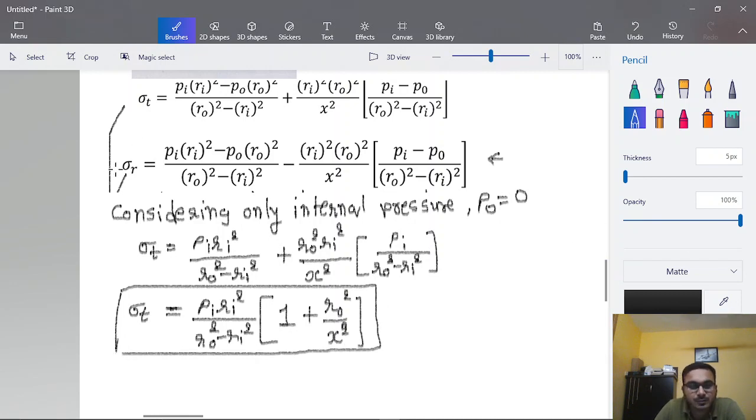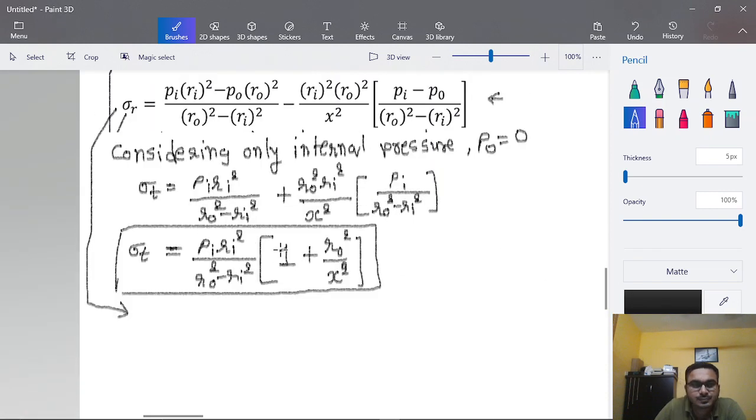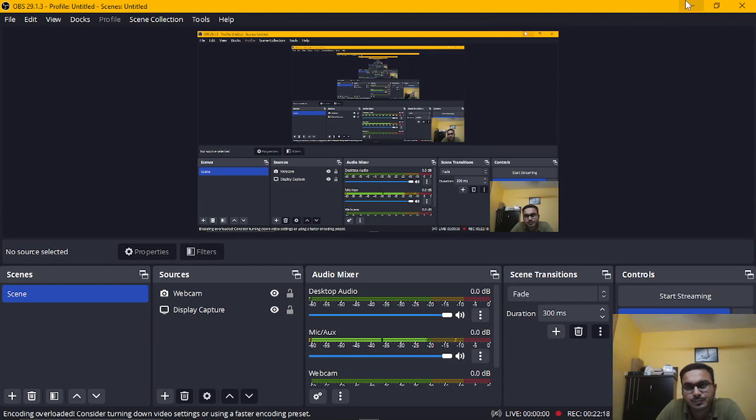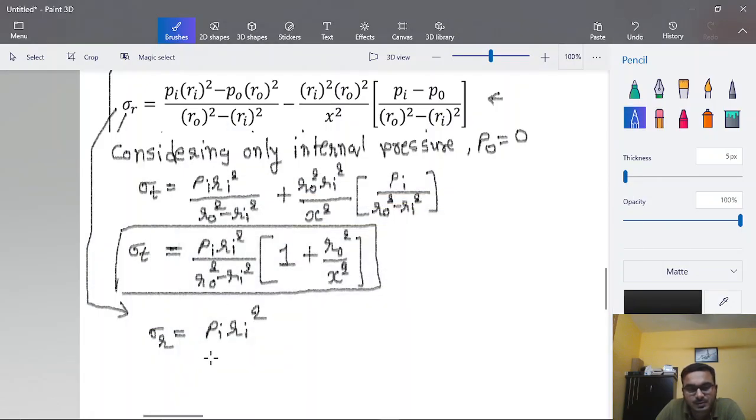Similarly, we can obtain or update sigma r. So sigma r is equal to Pi Ri square divided by Ro square minus Ri square into 1 minus Ro square divided by x square.